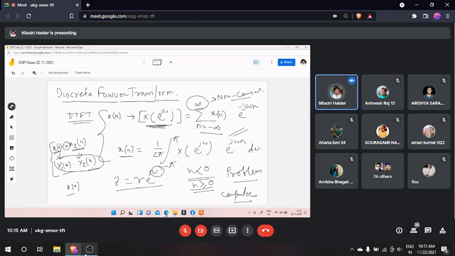Now the matter is that the computer or digital processor are all bounded. Bounded means it can process a specific range. Means whenever you are doing some operation, you need to mention the length. Suppose with respect to t or with respect to n, you have to mention that the value of n is suppose 1000.